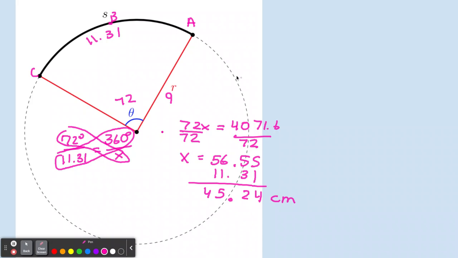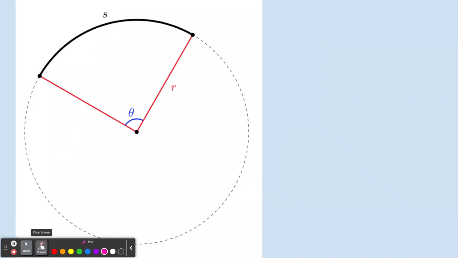So let's do that also. Let's just say that we wanted to find the rest of the circle, and we did it another way. There's another way we can do it. So what do you think the other way is? Well, if there's 72 degrees here, then the rest of this circle right here should be 288 degrees.